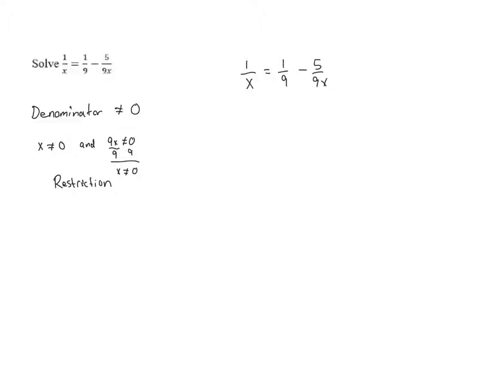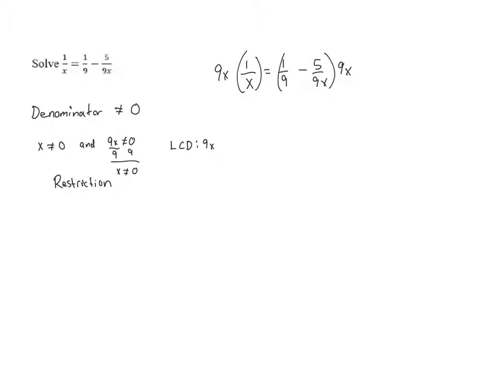In this case, the denominators have x's in them, so the LCD has to have an x in it. Also, there are 9's that are factors in the denominators, so the LCD will also have to include 9. And so in this problem, the LCD is just 9x. So we need to multiply both sides of this equation by 9x to get rid of the fractions.